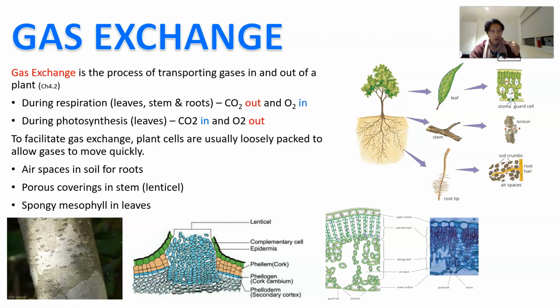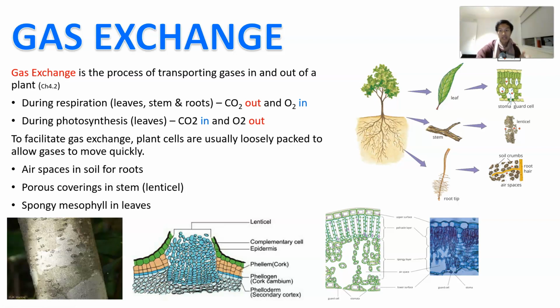Now, when you get to the stems, the stems can sometimes have a barrier of bark over them, and so what you often find is that there are areas along the stem or the trunk where there are porous coverings called lenticels, which are very loosely packed, allowing gas to move in through there and reach the inner lining of the plants.